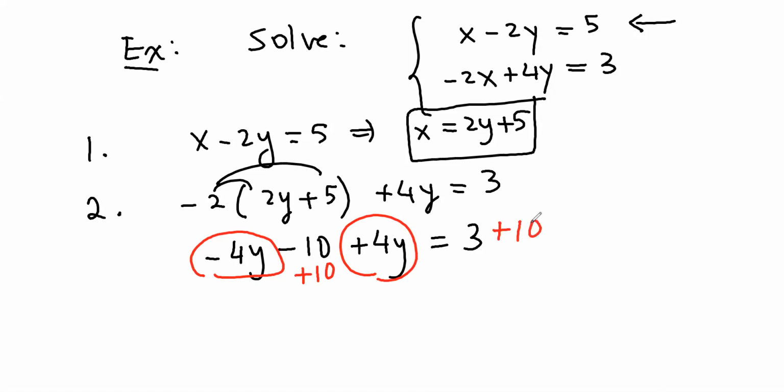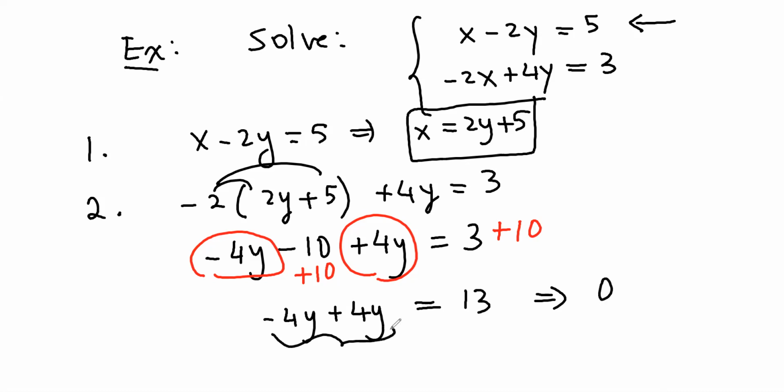So I'll add 10 to both sides, and then I have 13 here. When I combine negative 4y and 4y I get 0, so 0 equals 13, which is odd.